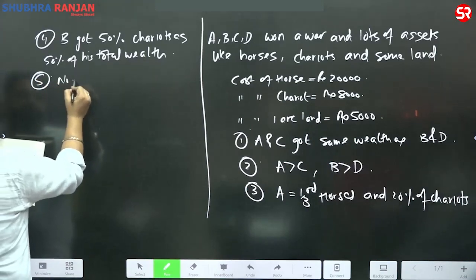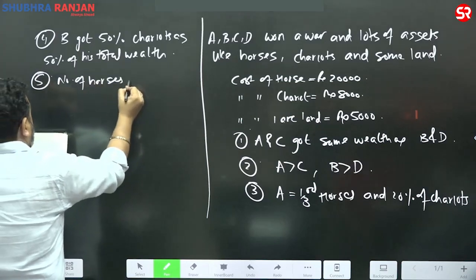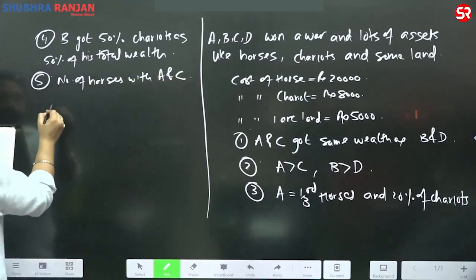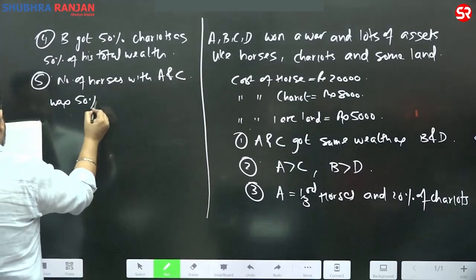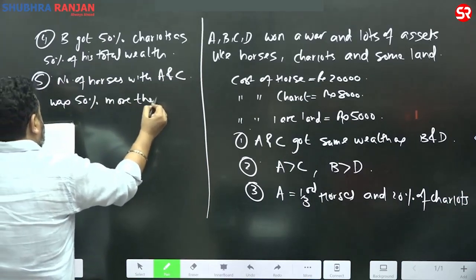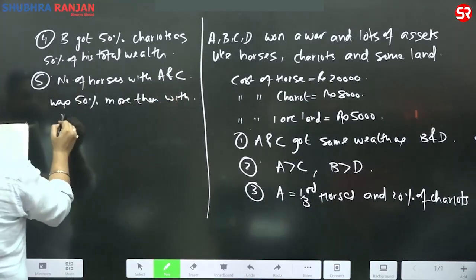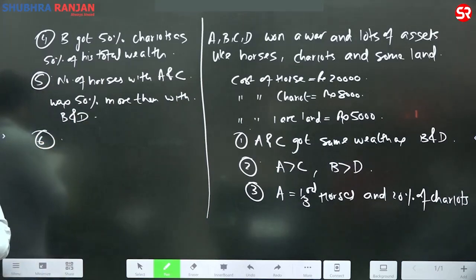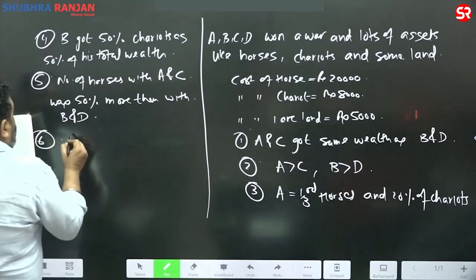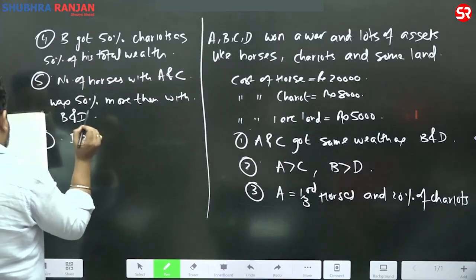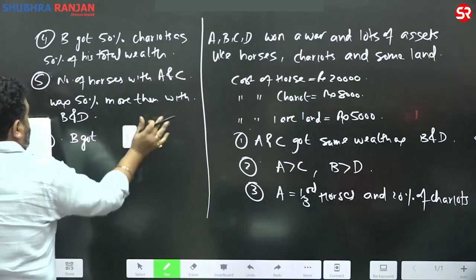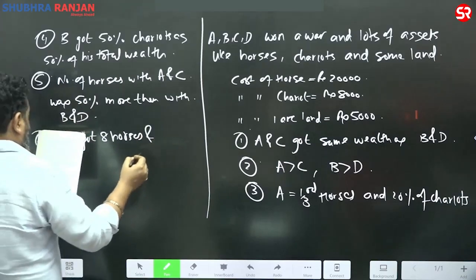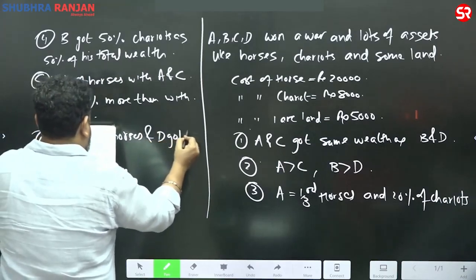Number of horses with A and C was 50% more than with B and D. B got 8 horses, and D got 7 horses.